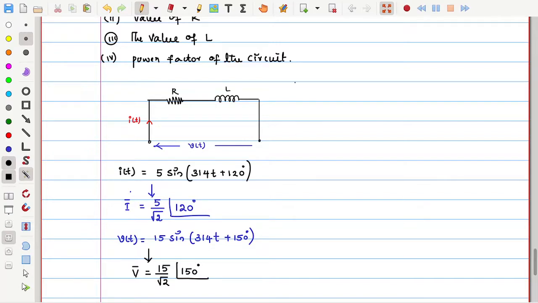Now, because I already have phasor form, I try to produce this circuit also in the phasor domain. The resistive impedance is R, no change in this, whereas the inductive impedance is ZL, which is equal to jXL.